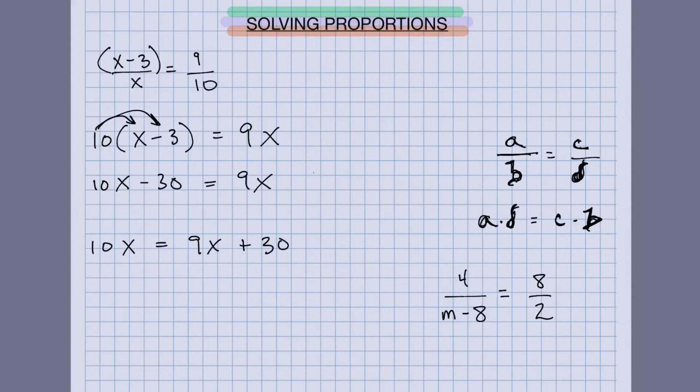All I'm doing is just adding 30 to both sides. Gets rid of it on this side. All you're left with is this 10x equals 9x plus 30. Okay, now I want to subtract 9x from both sides. 10x minus 9x leaves us 1x, or you could just write it as x equals 30.